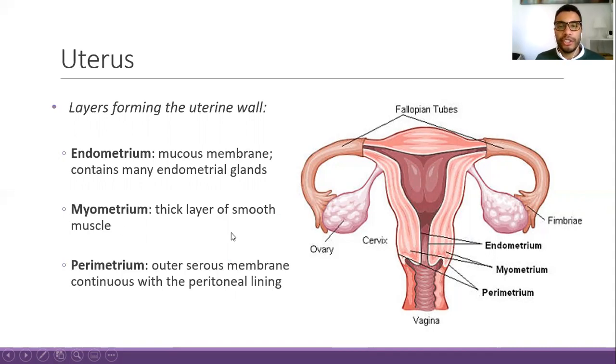The myometrium is the intermediate layer, which is the thickest one. Okay, so the myometrium corresponds to 90% of the total mass of the uterus. And the perimetrium is the most external layer, the outer serous membrane, and it's continuous with the peritoneal lining.